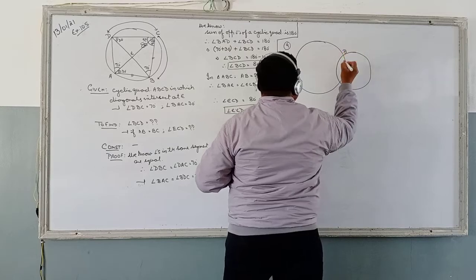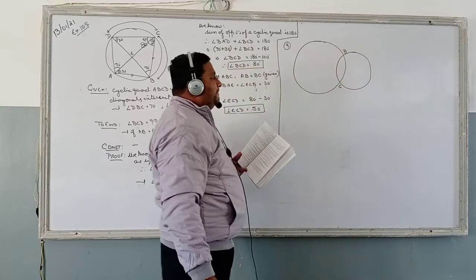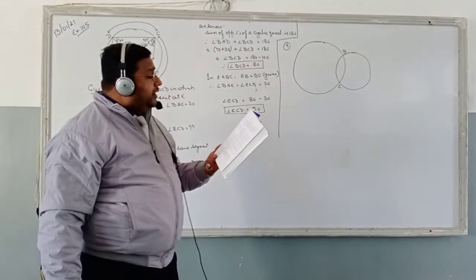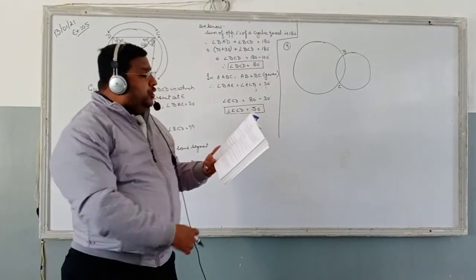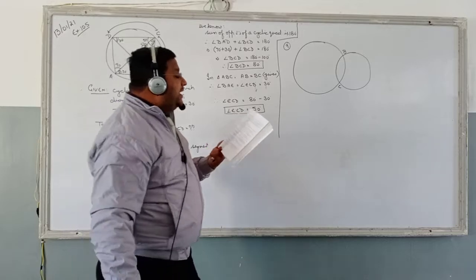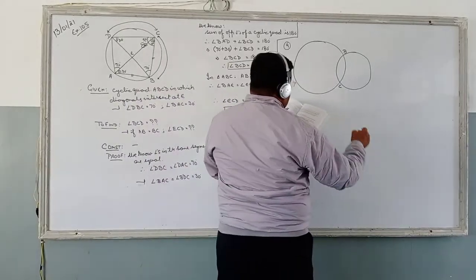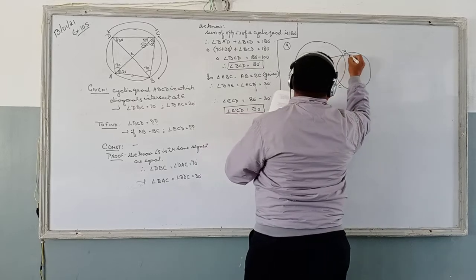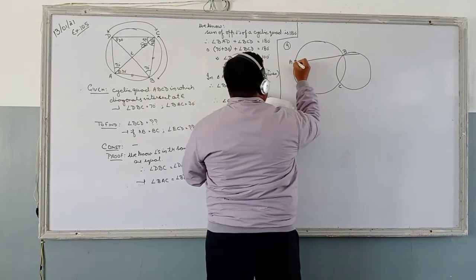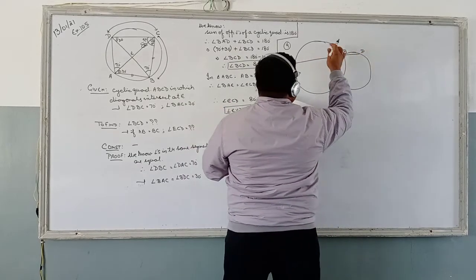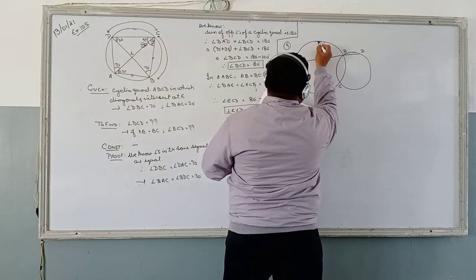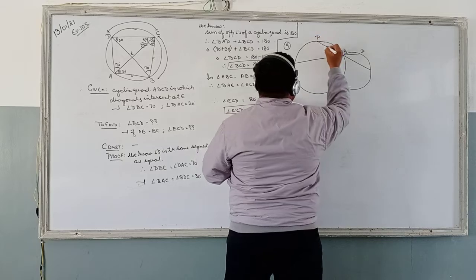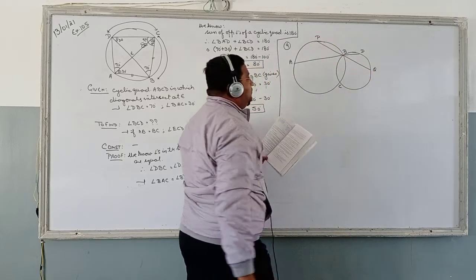Both of them are intersecting at B and C. Then he says through B, two line segments ABD and PBQ are drawn. ABD: this is A, B, and this is D. Another one is PBQ: this is P, B, and Q.